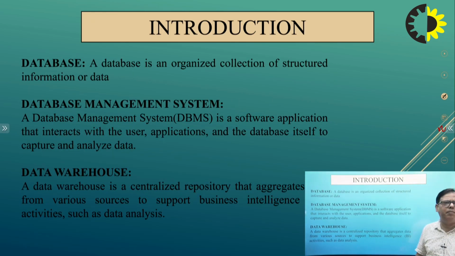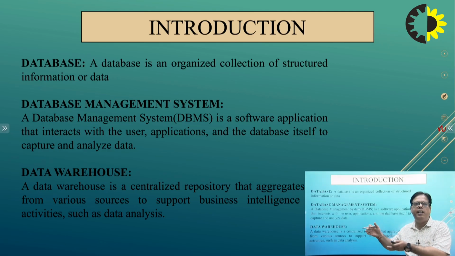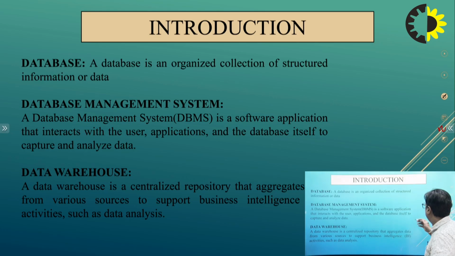Second term is database. Database is an interrelated collection of data. It is an organized collection of structured information or data. Like we can take another example: serial number, student name and branch.